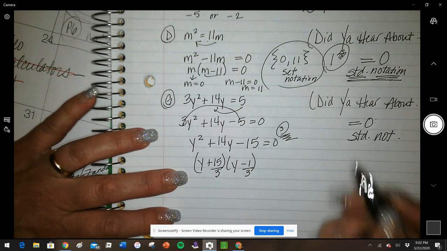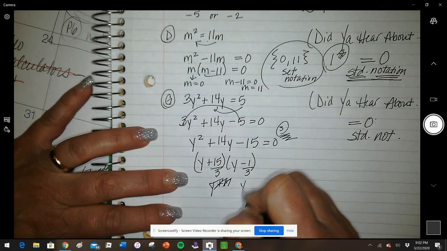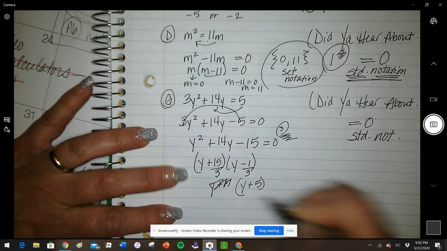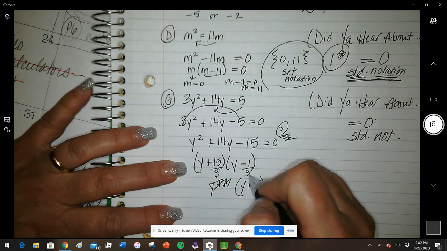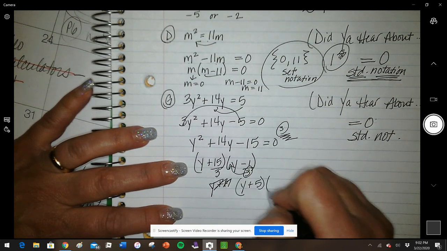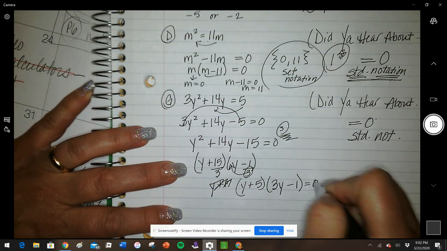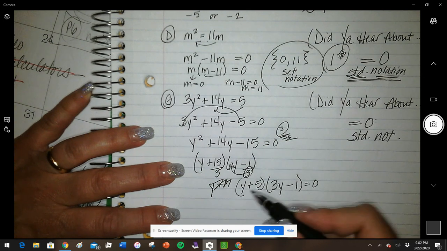So 15 divided by 3 is 5. Whoops. I'm telling you, she's losing it. So y plus 5. And then if it doesn't reduce, you just slide this over. So remember that slip and slide method I taught you? So 3y minus 1. And then we know we have two answers.